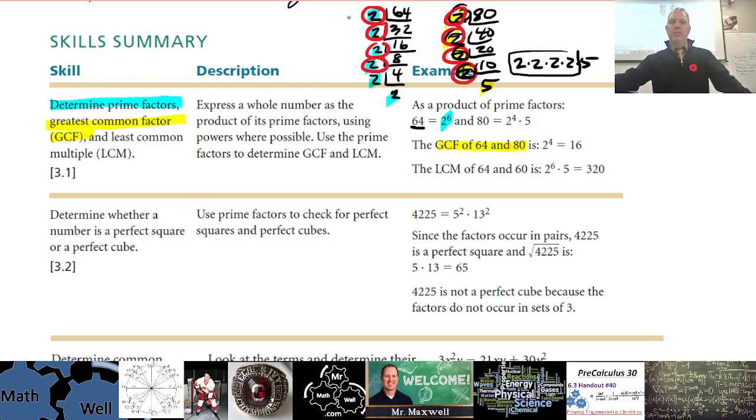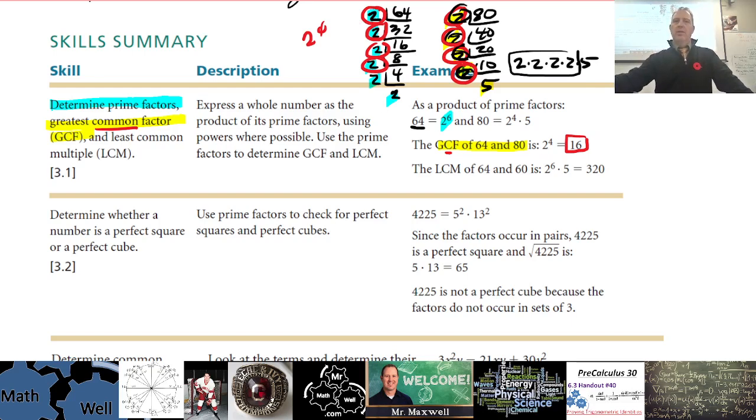That means that 2 to the power of 4 is common, so that's the greatest common factor, 16. Whatever is common to both, whatever numbers are on both lists, you stroke them off and pair them off, and that's your greatest common factor.